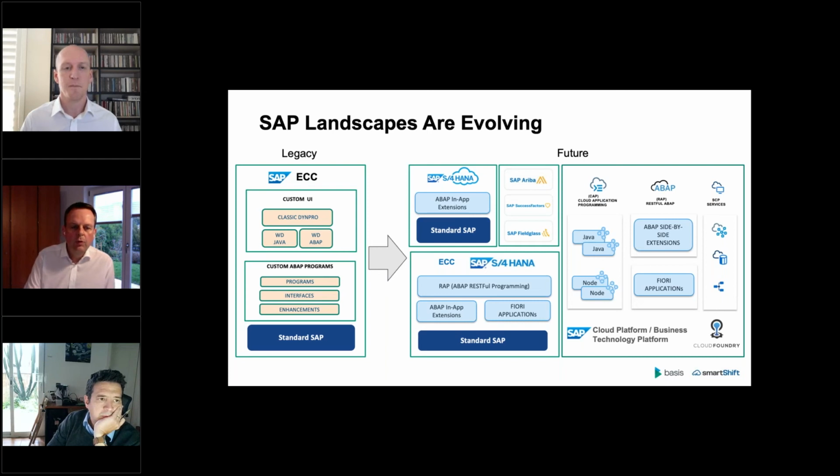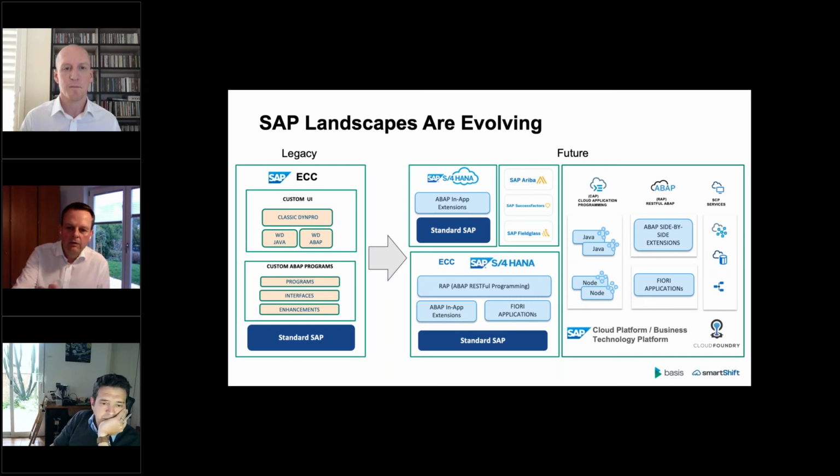You move your legacy systems into a more cloud-native way, right? You have your S4HANA Cloud Edition, where you use the standard in-app extensions and standard tooling off the shelf, or you are moving in terms of programming model more to RESTful ABAP programming for Fiori-style applications and things like that.